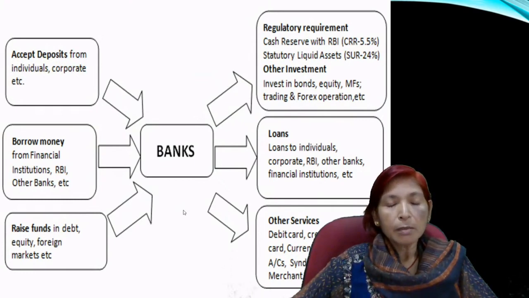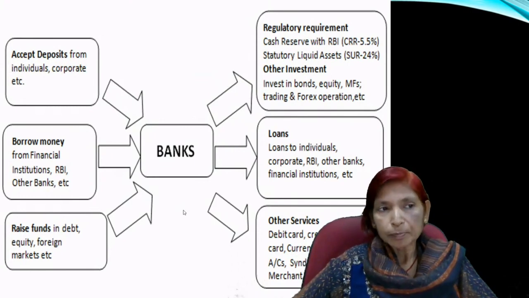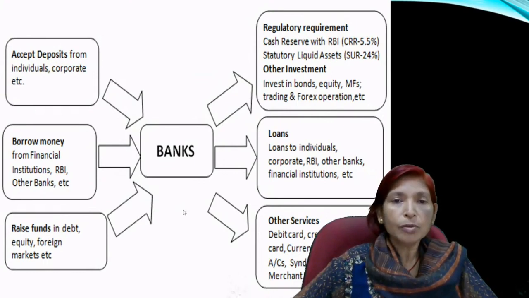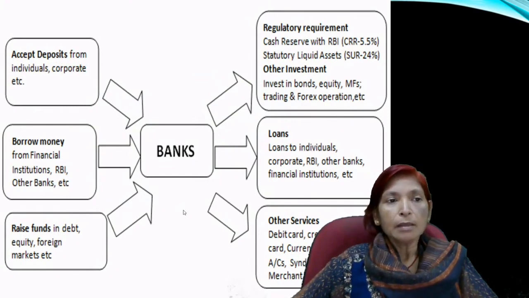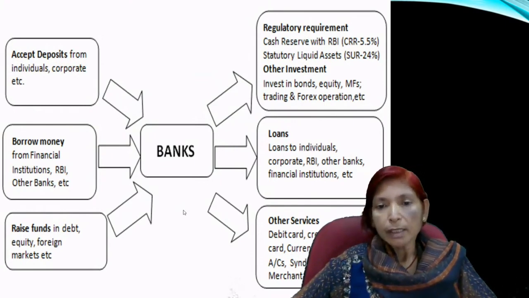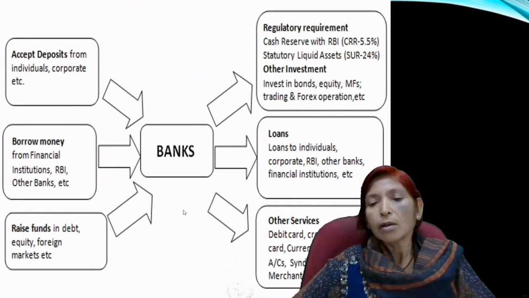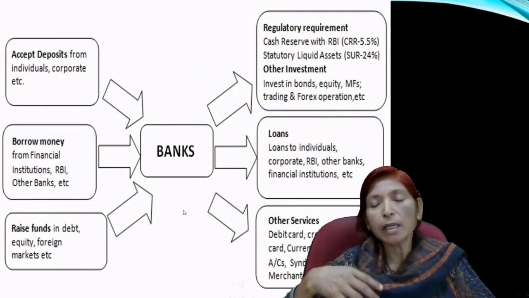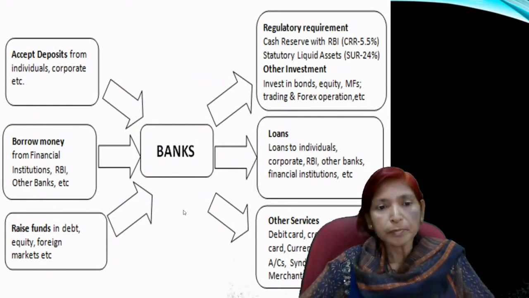RBI deals with the banking system, but commercial banks deal with the public. Commercial banks mainly accept deposits from individual or corporate sectors, etc. Banks accept deposits and provide loans to the borrowers, individuals, corporate sectors, RBI, other banks, financial institutions. Banks can give loan and advance facilities to the producing or farm sector or other sectors.